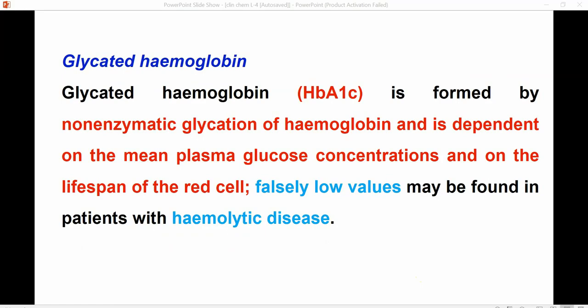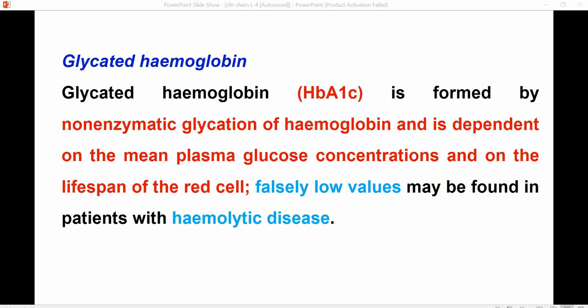Another important measure to monitor diabetic patients is the measurement of glycated hemoglobin, HbA1c. This product is one of the examples of what was previously mentioned in this lecture, advanced glycation end products. It is a result of glycation of proteins, which in this condition is the hemoglobin.